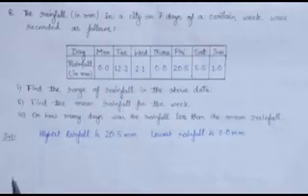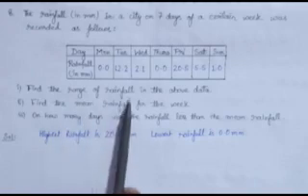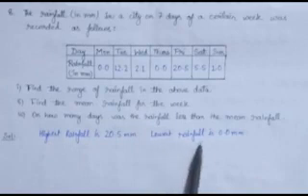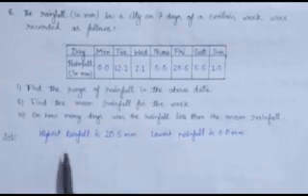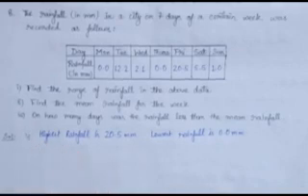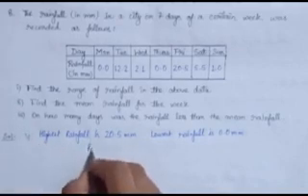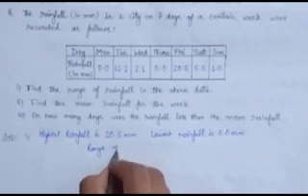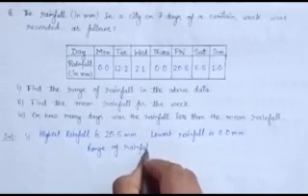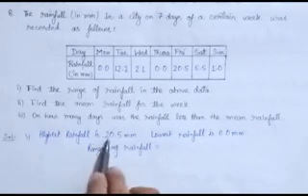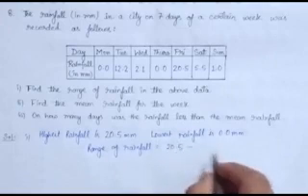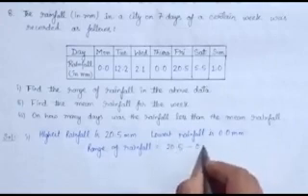Now students, the range of rainfall can be calculated by subtracting the lowest rainfall value from the highest rainfall value. So here we can write, range of rainfall is equal to highest rainfall, that is 20.5 mm, minus lowest rainfall, that is 0.0 mm.